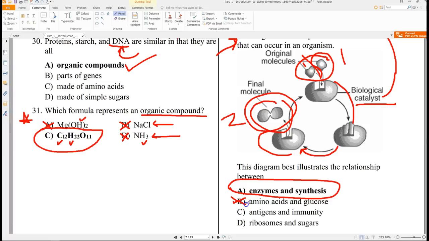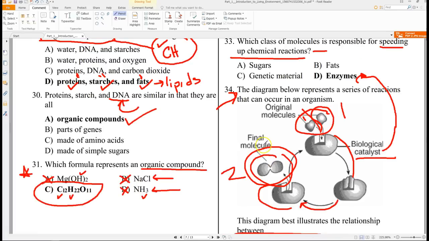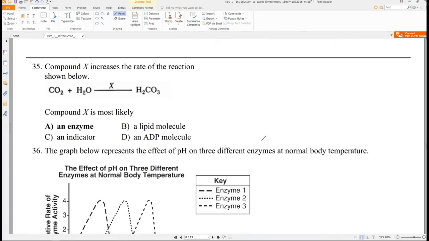Not amino acid and glucose, not antigens and immunity, not ribosomes and sugar. After a certain point, you start realizing how ridiculous things are in terms of the multiple choice. You're like, why would they insult my intelligence by putting these silly answers and think that I'll fall for it? Everything just becomes so much easier.